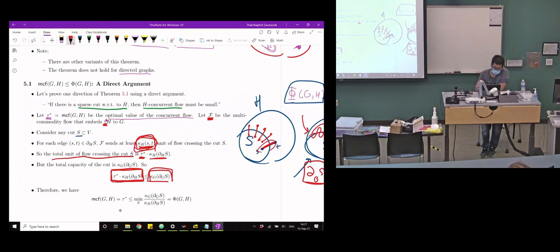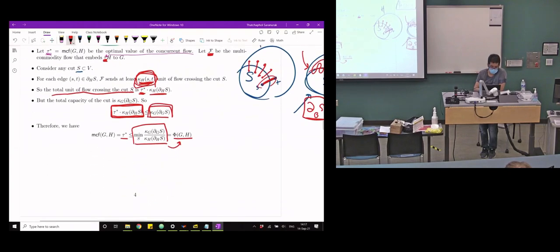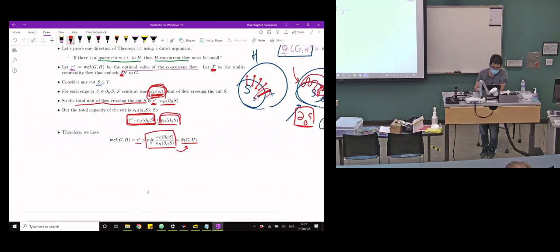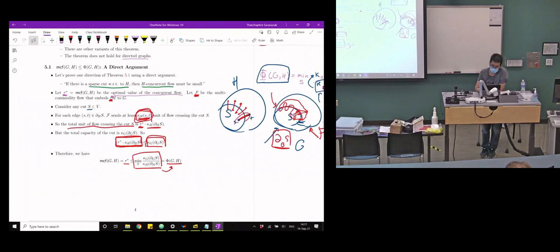So after rearranging, tau star can be at most this ratio, which is exactly the H expansion of the graph. There is really nothing much here.